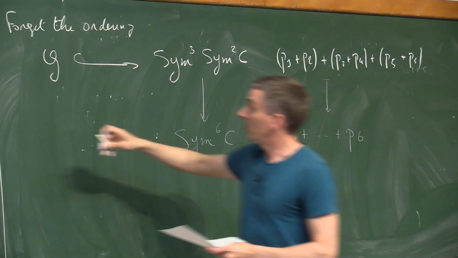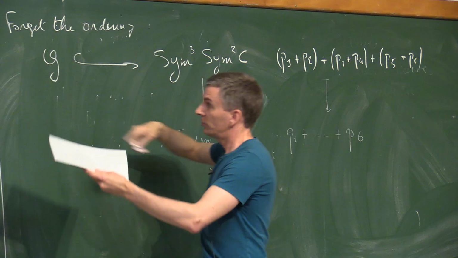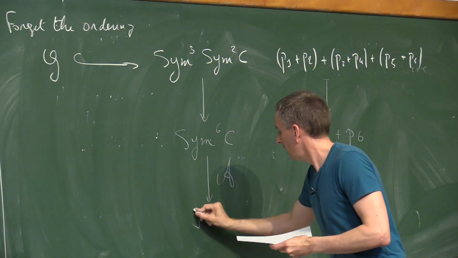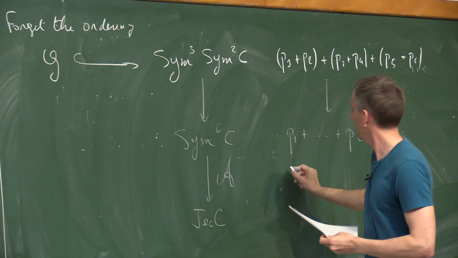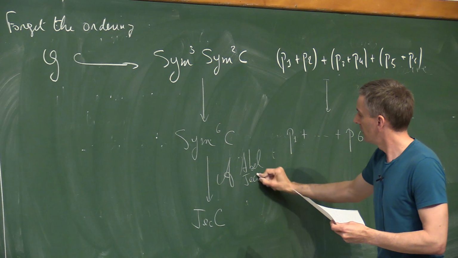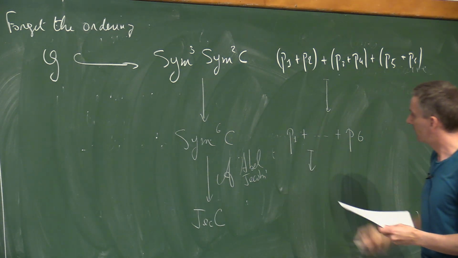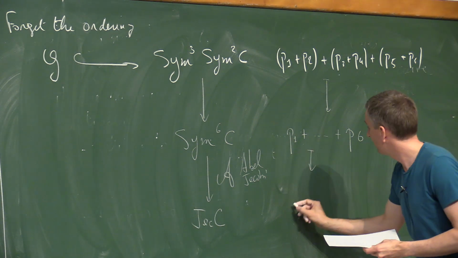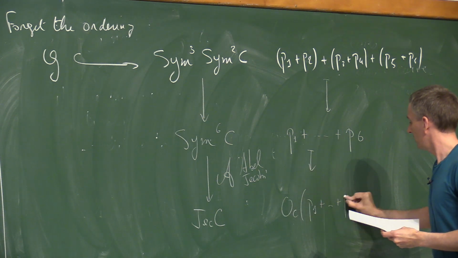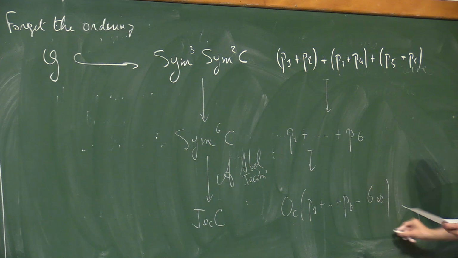How do I arrive again at the Jacobian? I just factorize this map by the Abel-Jacobi map. So this is, again, another Abel-Jacobi map, which sends this sum of 6 points to the class of P1 plus ... plus P6 minus 6 infinity.